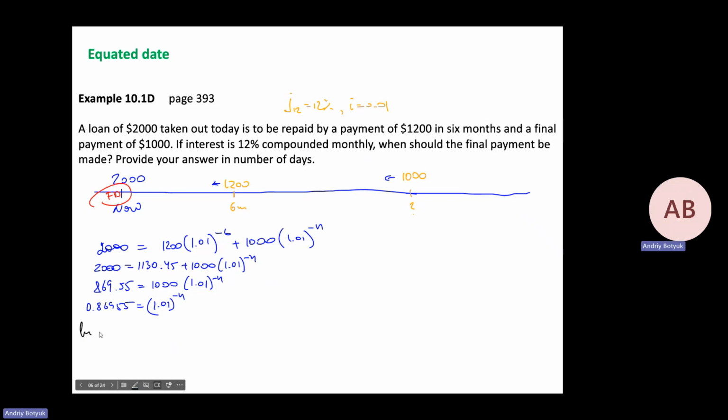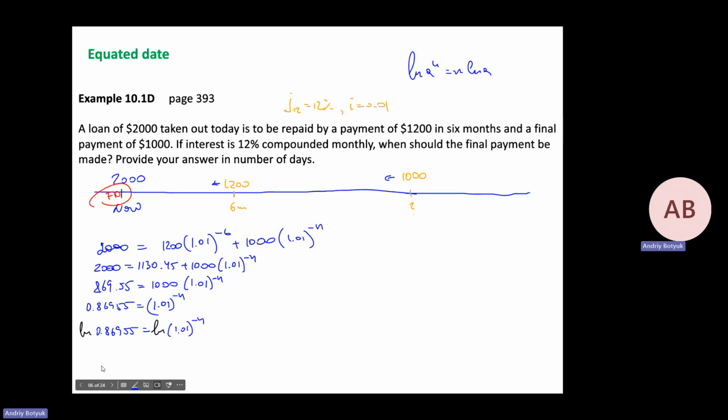So logarithm equals logarithm. Now remember that property of the logarithm: logarithm of a to the exponent n is n times logarithm a.